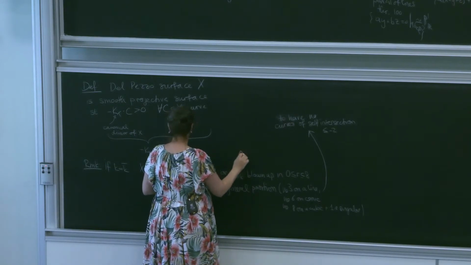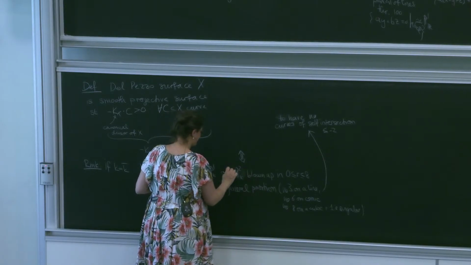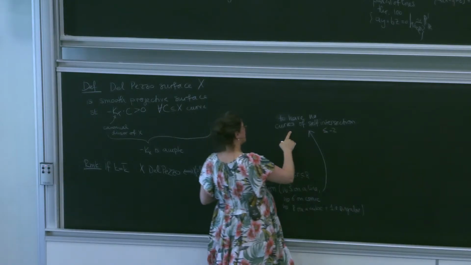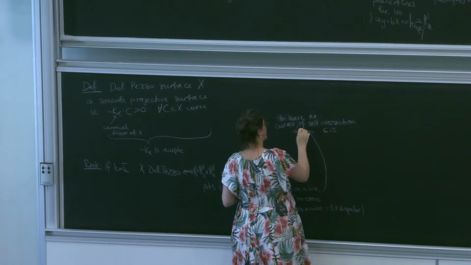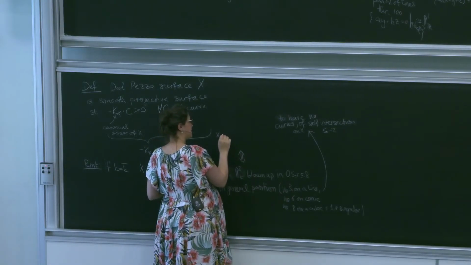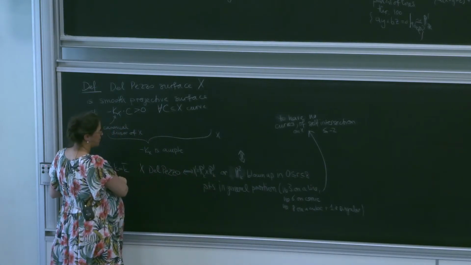Because in fact, what this also means is that, do we have X isomorphic or X? You have no curves on X of self-intersection -2. So X, sorry, yes, we are over K bar, very good.